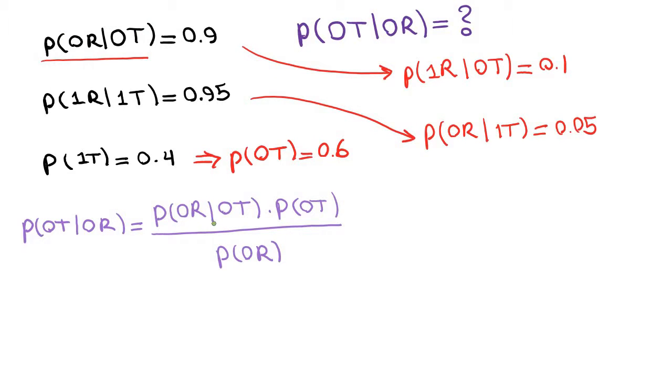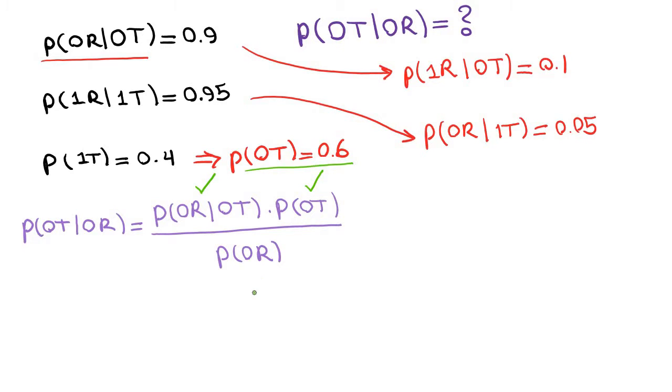Probability of 0r given 0t, we already have as 0.9. Probability of 0t we calculated here, so we have that. We only need to calculate probability of 0r.